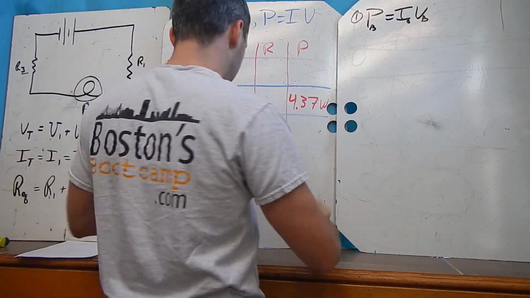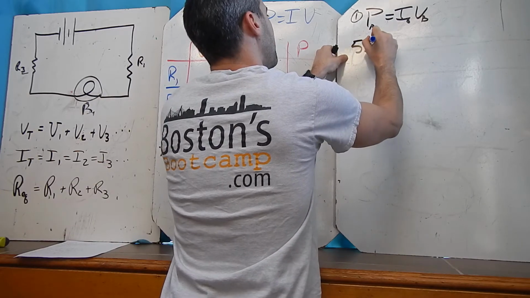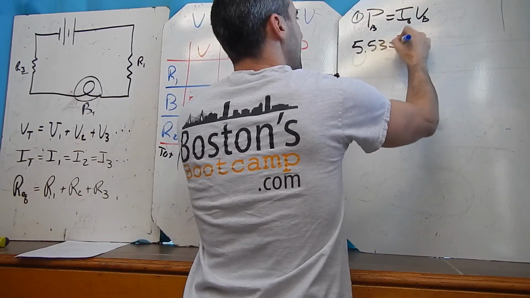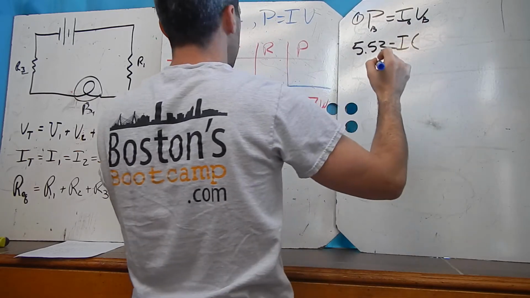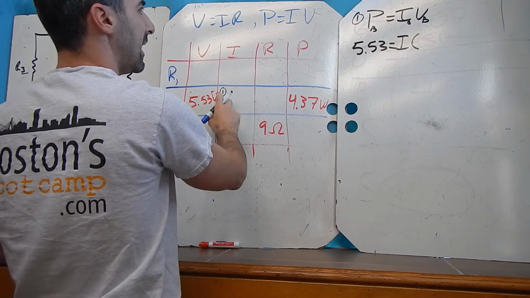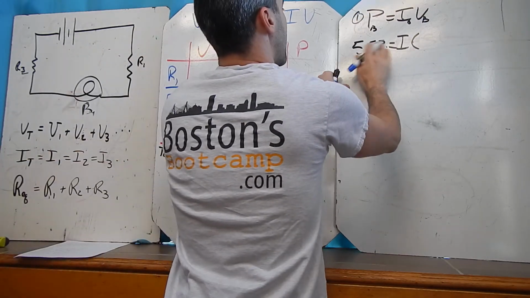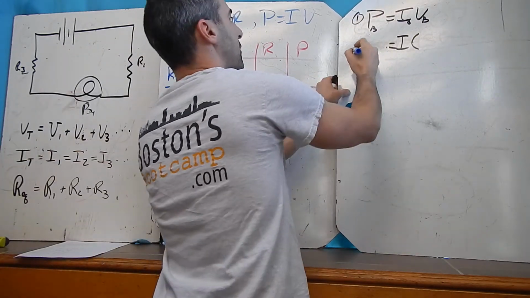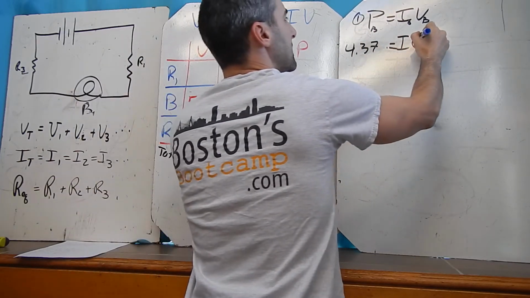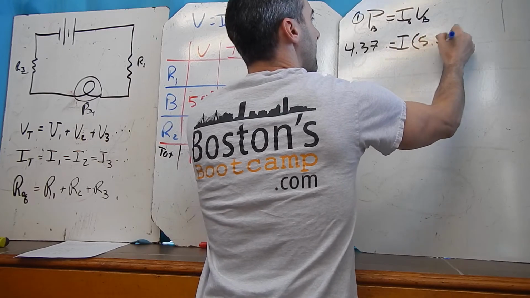And now I have 5.53 equals, I'm looking for I, times power equals, that's backwards. Sorry, I knew I messed that up. My power was 4.37 equals I times 5.53.